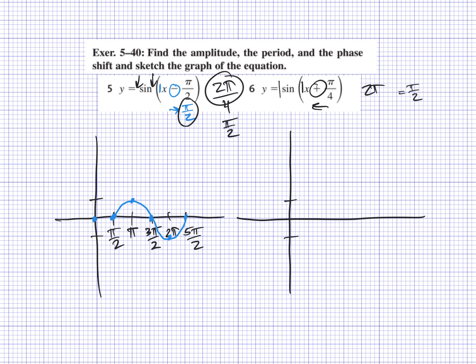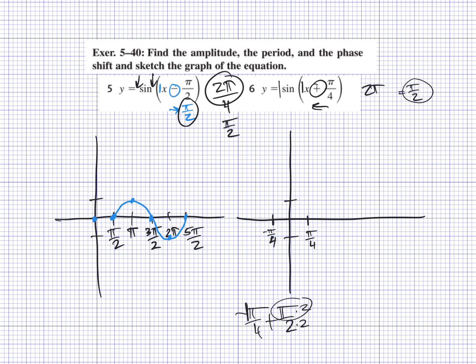All right, so it's going to start at negative pi over 4. If we put that mark at negative pi over 4, the next increment is pi over 2 later. So negative pi over 4 plus pi over 2. Get a common denominator: negative 1 plus 2 is 1, so positive pi over 4 is over here.